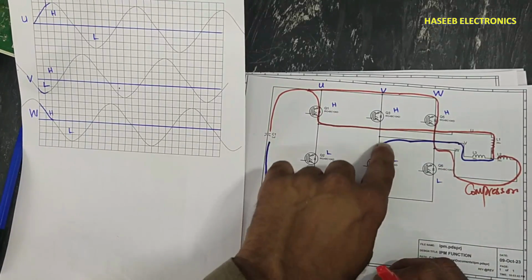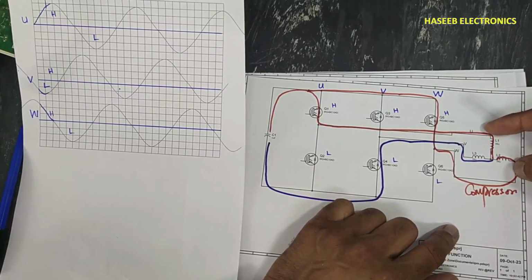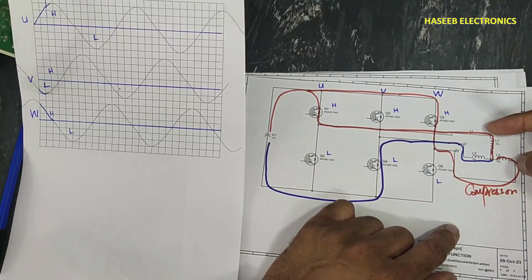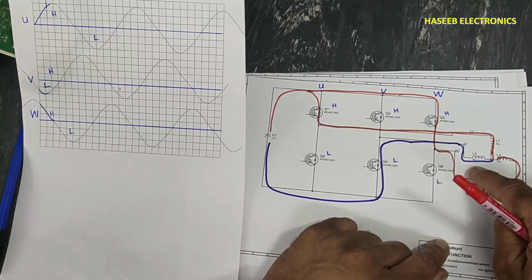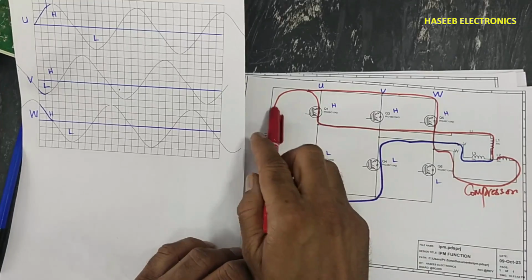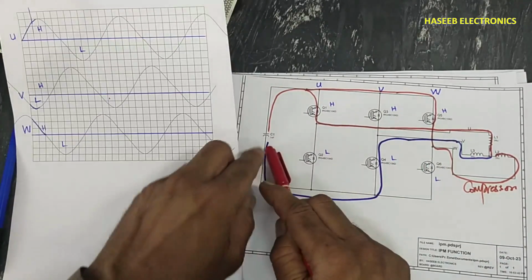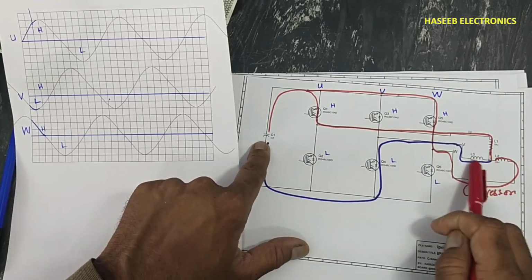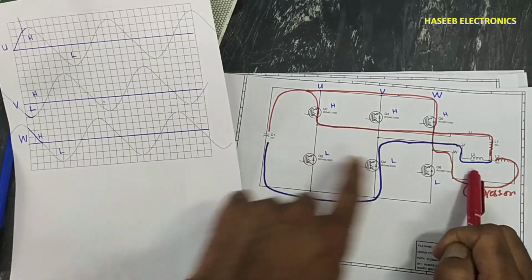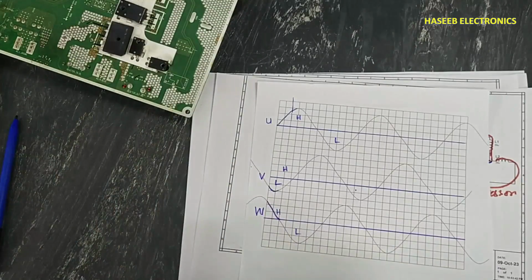From this side, V will low, the other two windings, these ends will positive, so current flow will in this direction. One current flow from positive here, from this IGBT, from this winding here. So return path from this winding. This is our first condition until here.